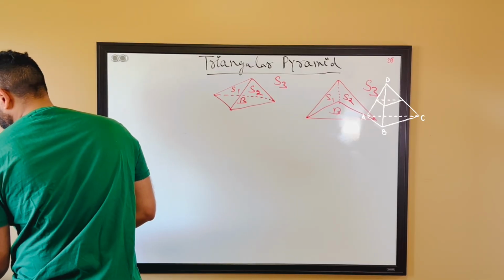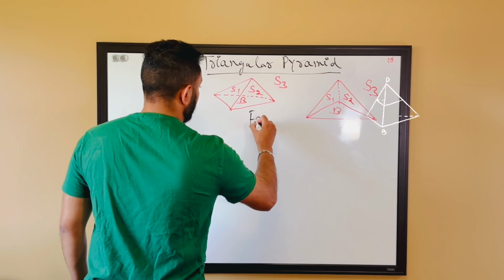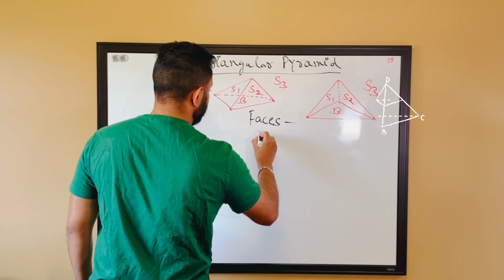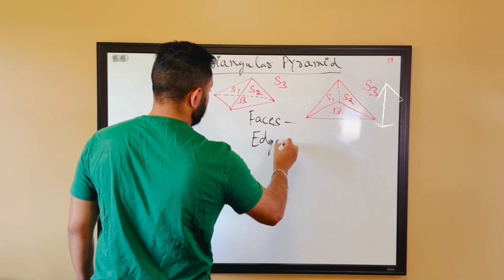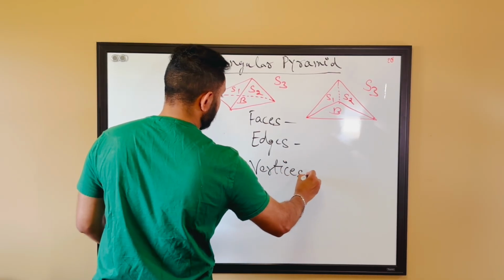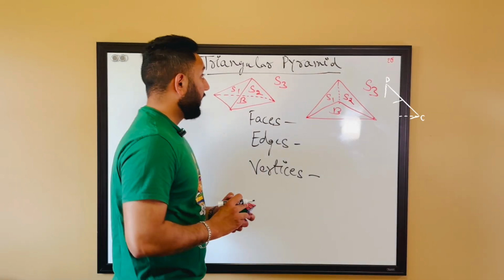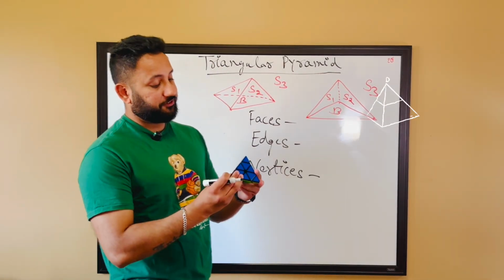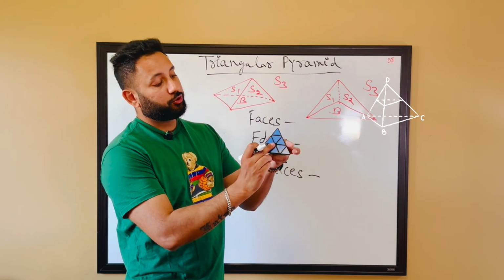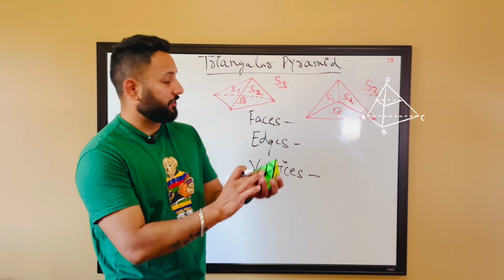Now we're gonna learn about the faces, edges, and vertices. Triangular pyramid has four faces, like 1, 2, 3, and there's one base face.